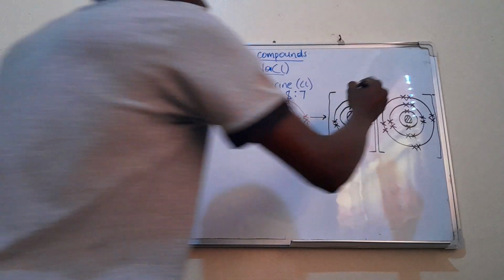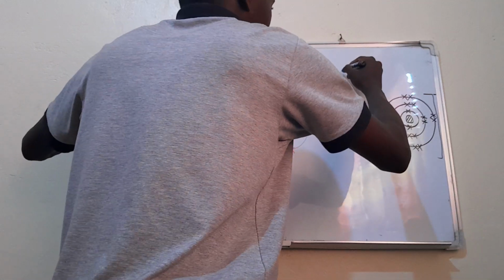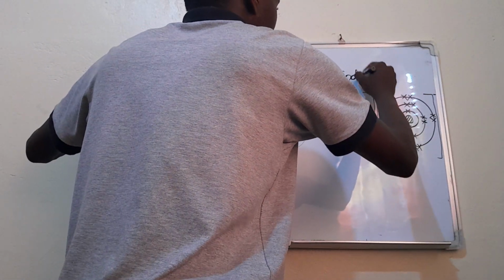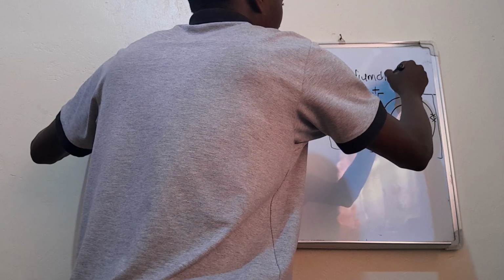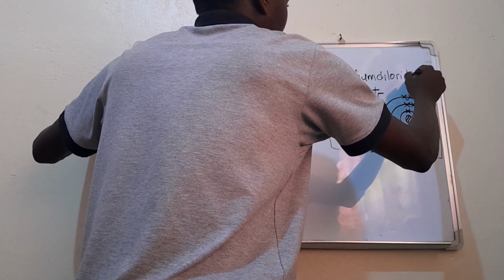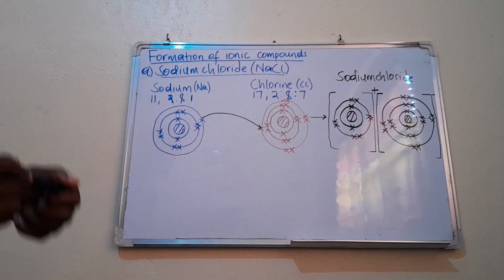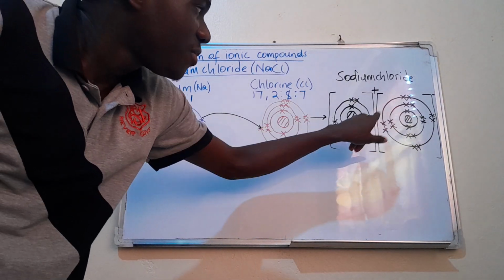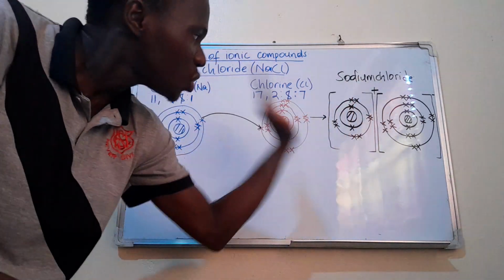Now, as you see, all of it is sodium chloride. Within these two ions, there is a force of attraction. That's why I'm drawing them close to each other.